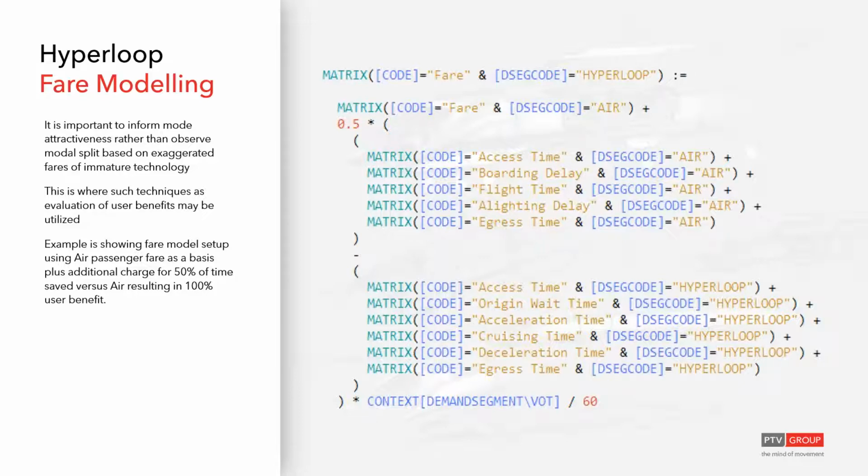What we've been using in a couple of projects is a so-called user saving calculation, which reweighted the fares for the new mode.